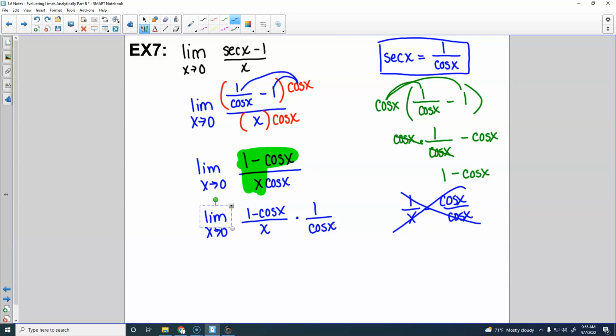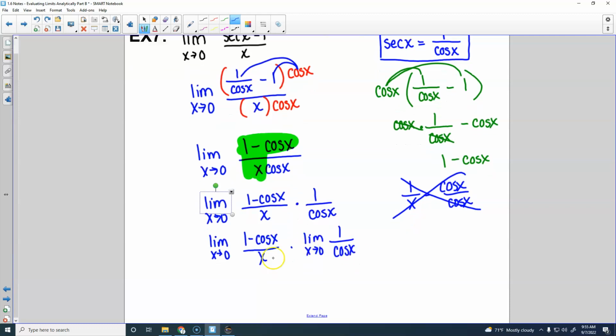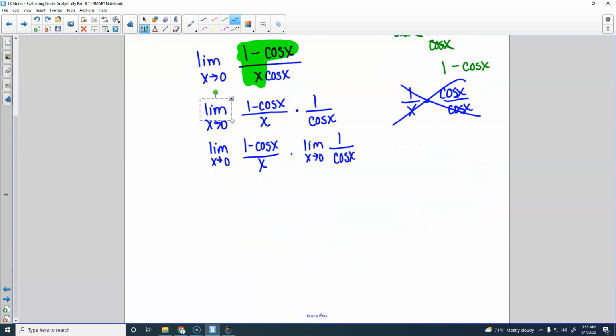So I can do the limits of these separately. Again, I probably wouldn't write this step, but I'm going to, to be very clear about what's happening here. We're doing the limit as x approaches 0 of 1 minus cosine x over x times the limit as x approaches 0 of 1 over cosine x.